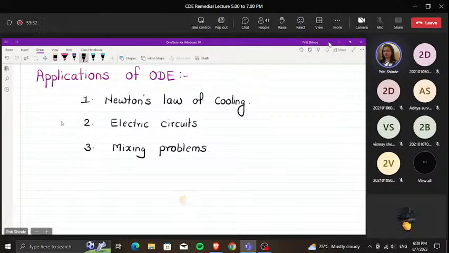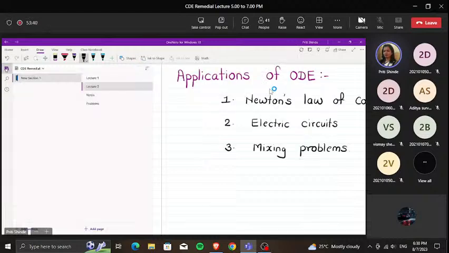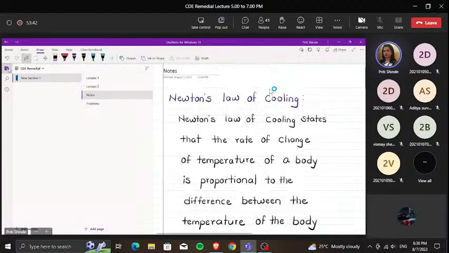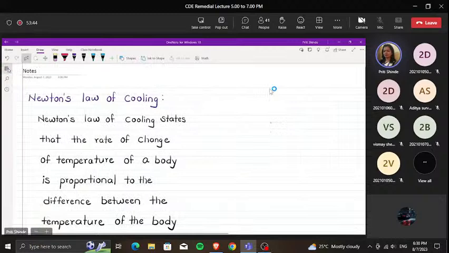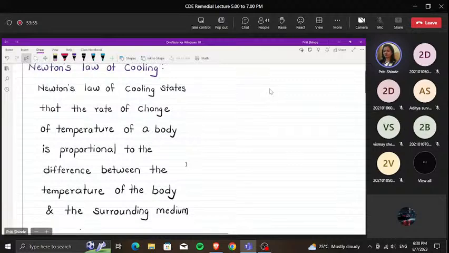So I am directly starting the examples on Newton's law of cooling, electric circuits, and mixing problems. Let's first revise what Newton's law of cooling is. Newton's law of cooling states that the rate of change of temperature of a body is proportional to the difference between the temperature of the body and the surrounding medium.